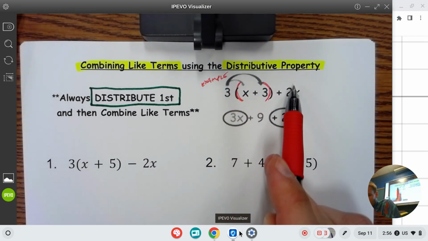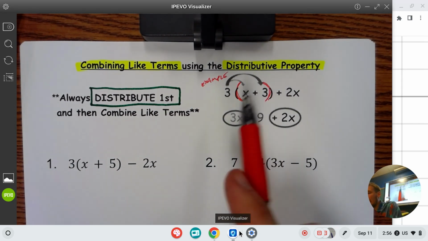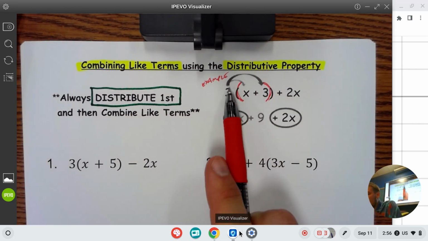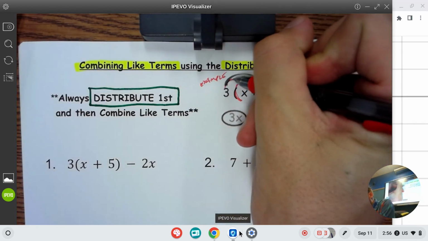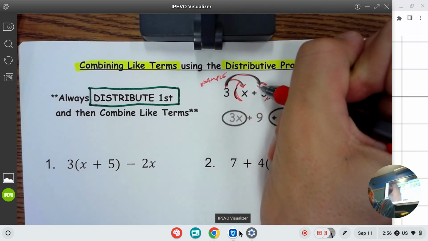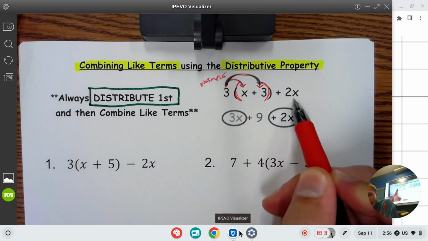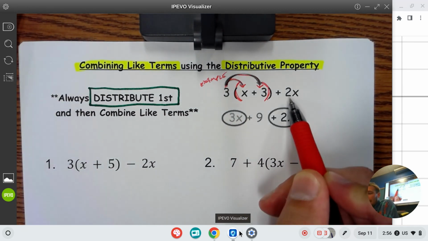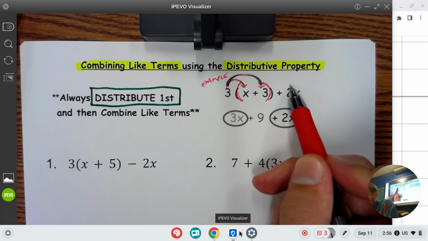It is not in the parentheses. Good point. The only things that we draw arrows to are the things within the parentheses. So the 3 needs to be delivered to the x, the 3 needs to be delivered to the 3, the 3 does not connect with the 2x. It's not in the parentheses, no arrow.